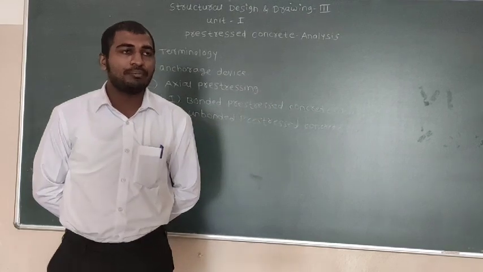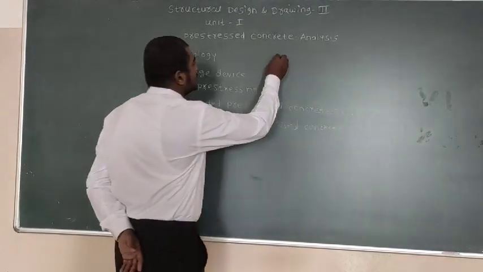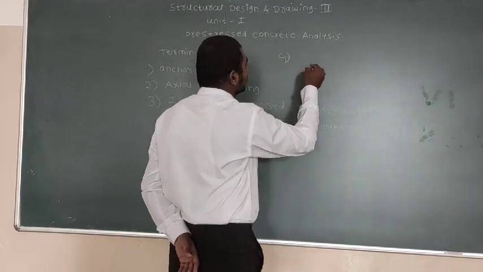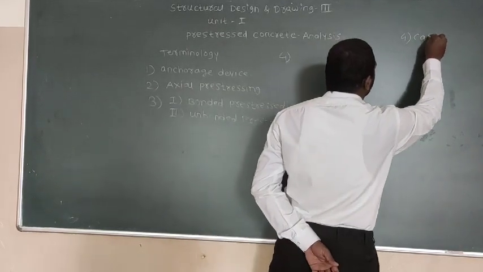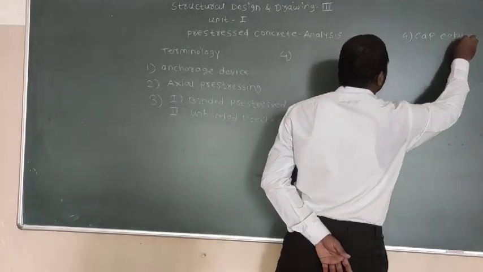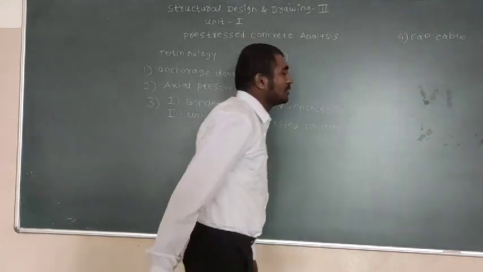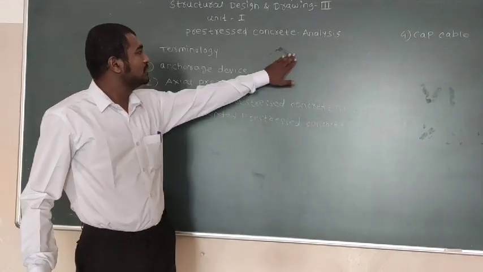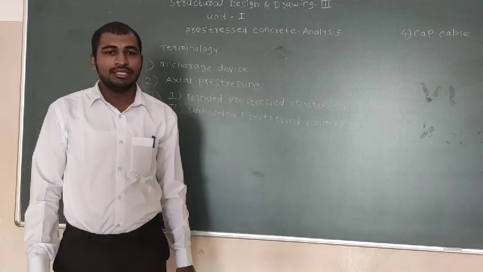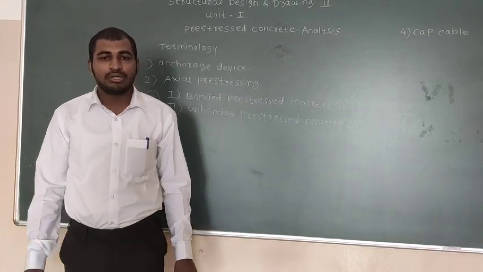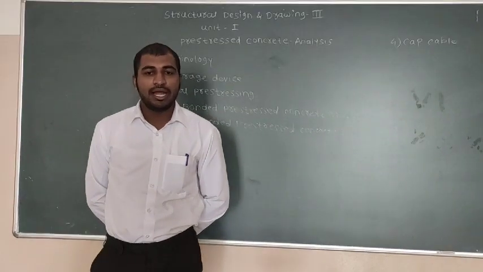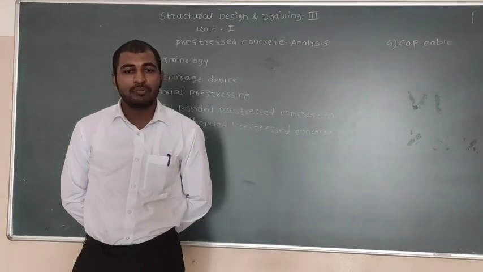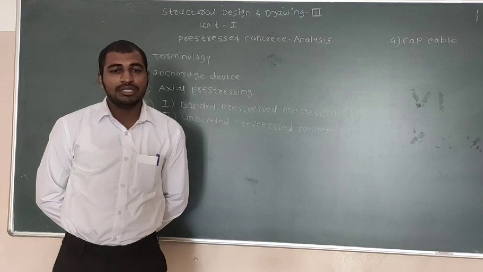The fourth one is the cap cable. A cap cable is a short curved tendon arranged at the interior supports of a continuous beam.